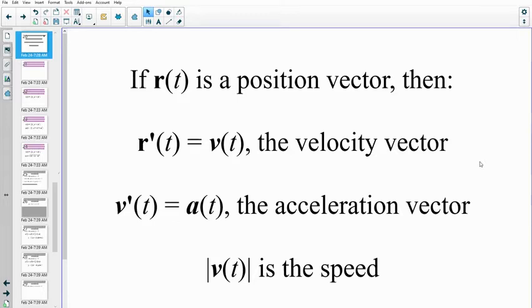Parametrics and vectors are pretty much interchangeable as far as AP calculus goes. Those of you who have been in physics, or are in physics, or pre-calculus, you've dealt with vectors, and so you know that a vector gives you not just a numerical quantity, but a magnitude and direction.